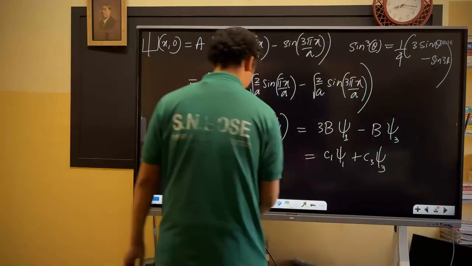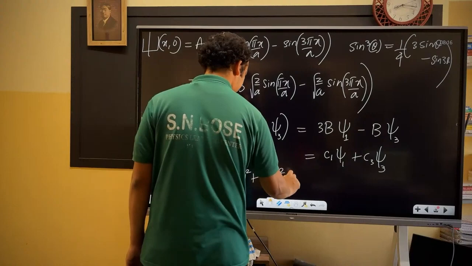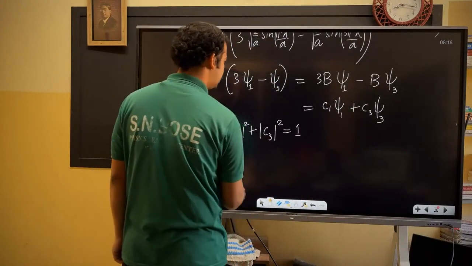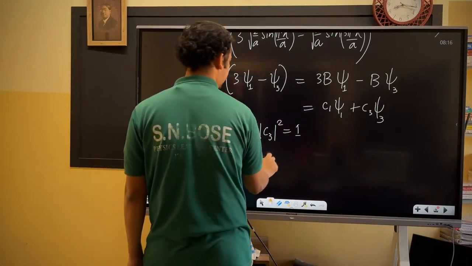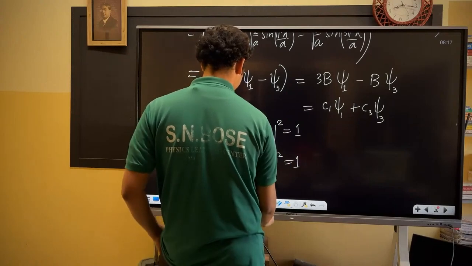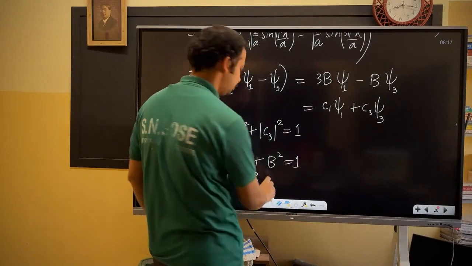Now what is the normalization condition? Mod c1 square plus mod c3 square equal to 1. That's nothing but 9 b square plus b square equal to 1, so b is 1 by root 10.